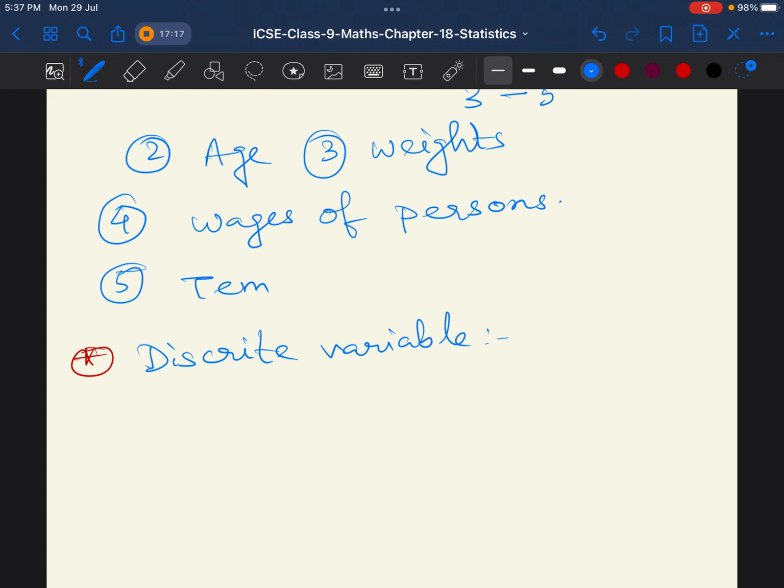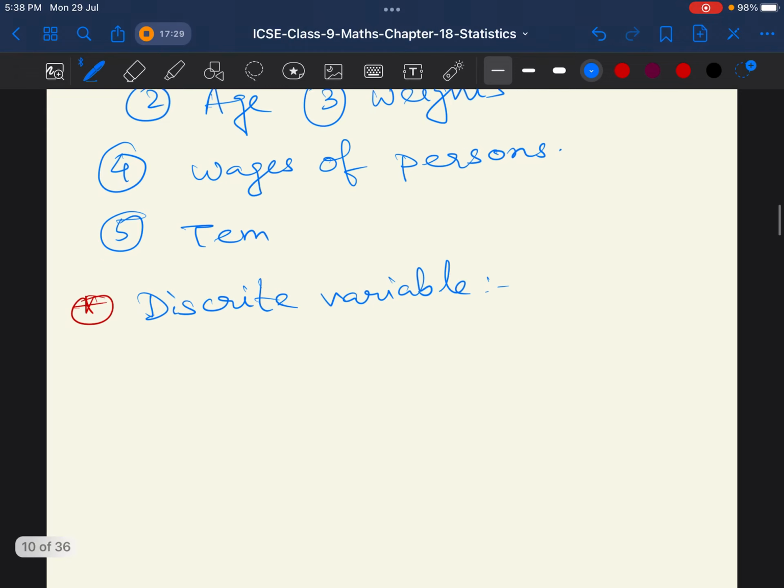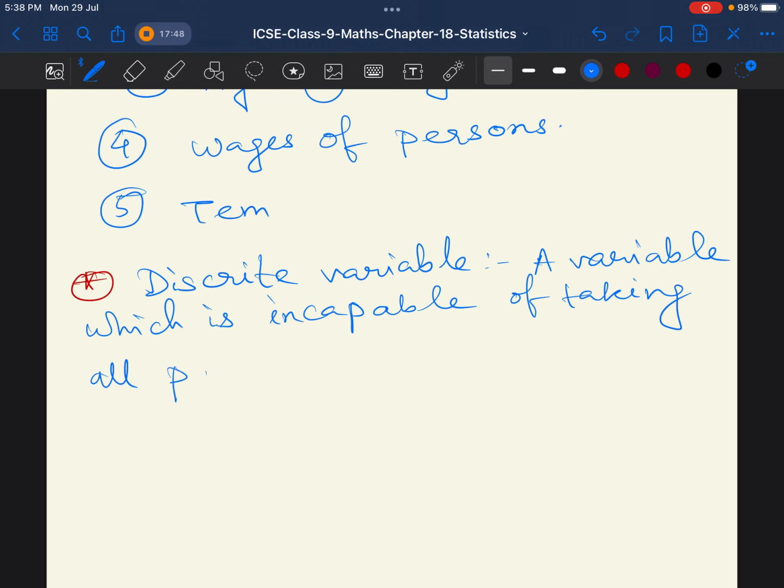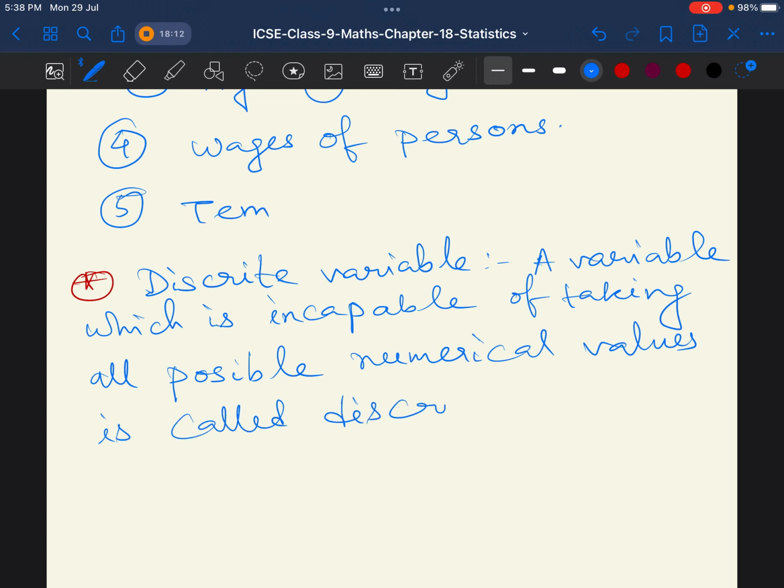A variable which is incapable of taking all possible numerical values is called a discrete variable, and it has a particular fixed value.